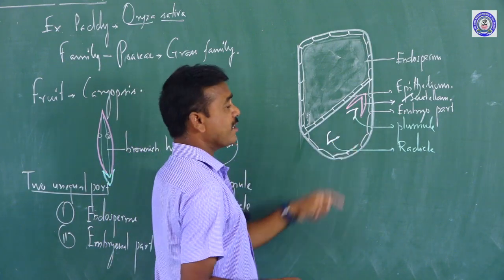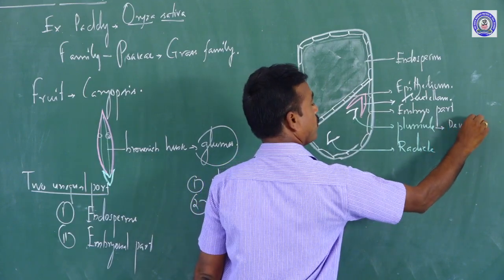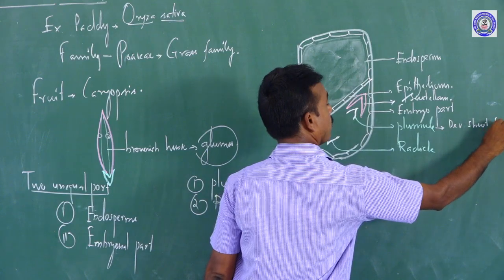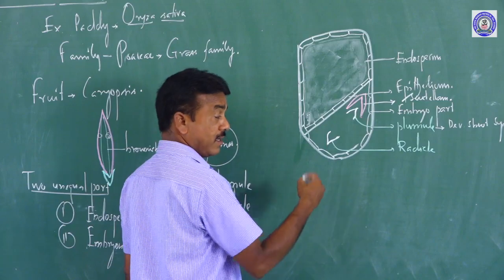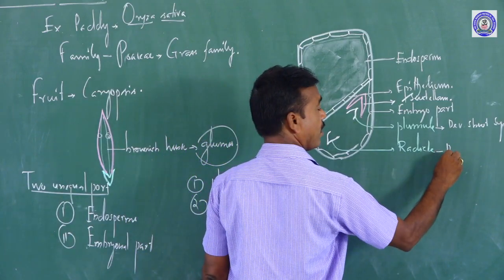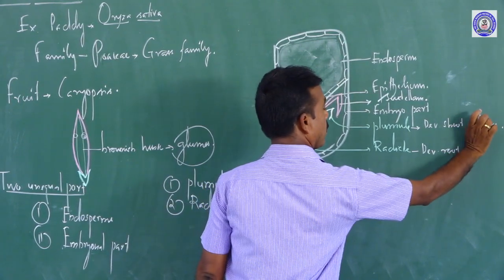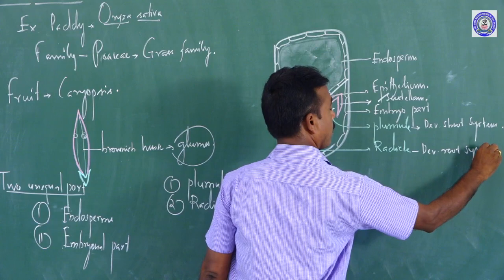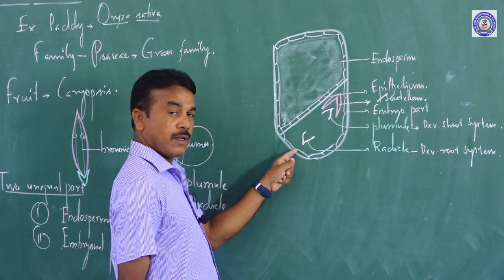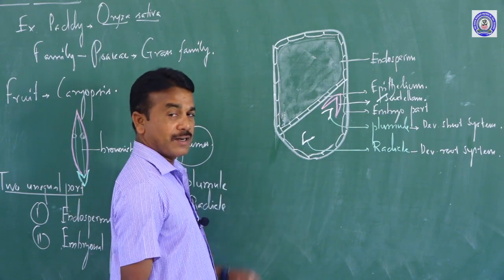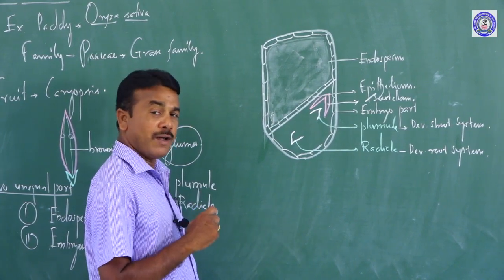The plumule is responsible for the development of the shoot system. The radicle is responsible for the development of the root system. But these two systems must be covered by some protective layer. Which protective layer covers both plumule and radicle?